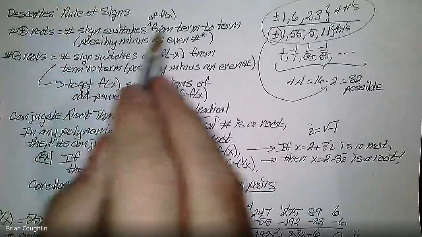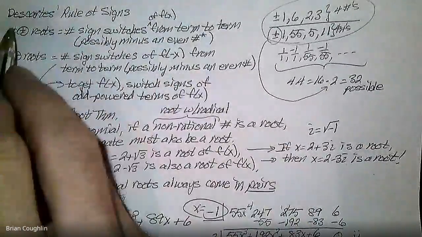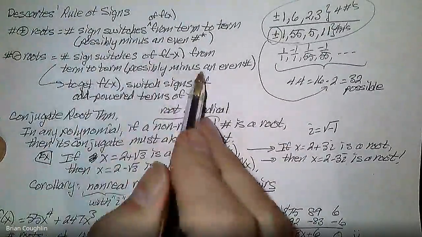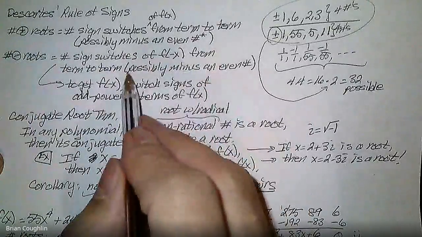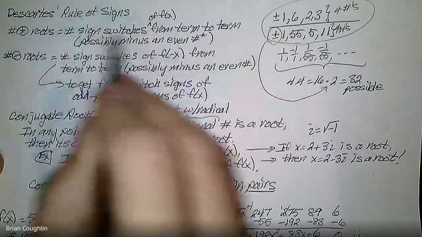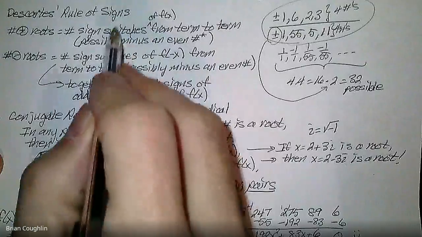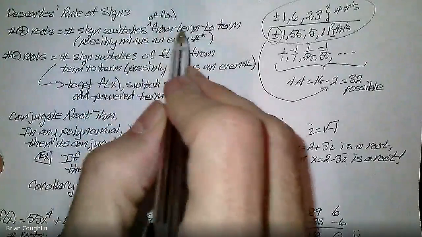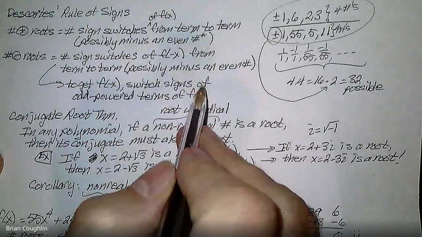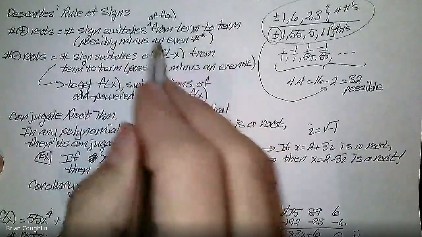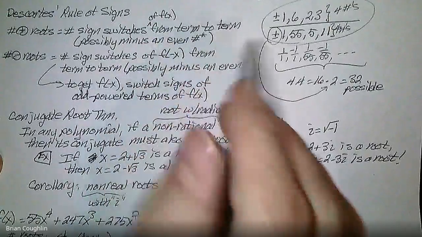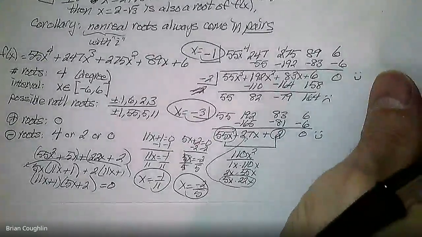That's the sign switches from f of x for positive roots and for f of negative x for negative roots, possibly minus an even number. So if you come up with an answer of 5, you have to write 5 or 3 or 1. Does that make sense? Because they could have a bunch of imaginary numbers missing in pairs, and they always miss in pairs. And that is that.